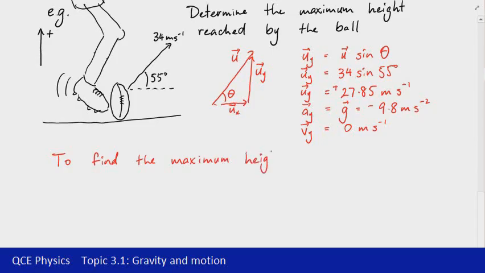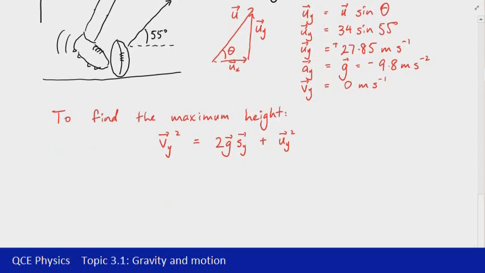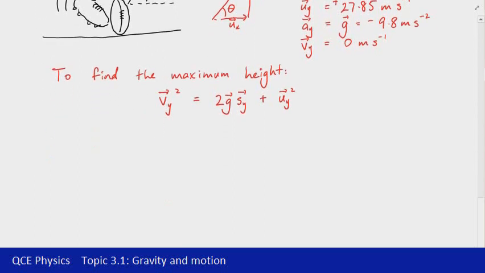But we actually don't need to in this case, because we have enough quantities to use the equation vy squared is equal to 2g sy plus uy squared.